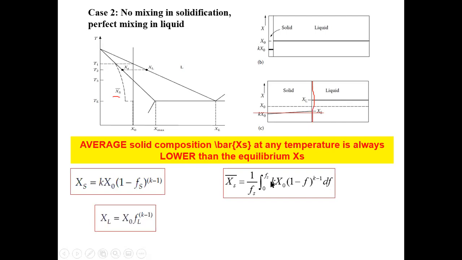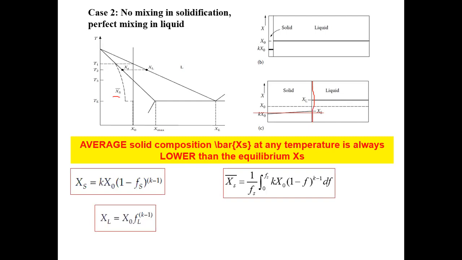Within the integral, this is the composition xs as a function of f, where f is the length here. You take the integral up to the point fs, and then you get the area. Then you divide by the length, which is fs, and you get the average, what we call xs bar. Does this calculation make sense to everyone?